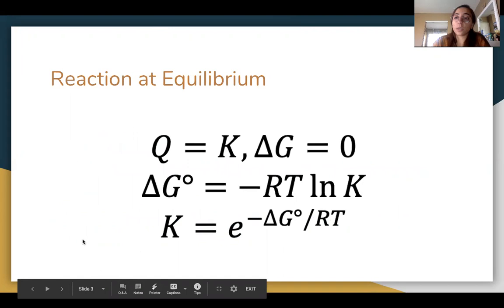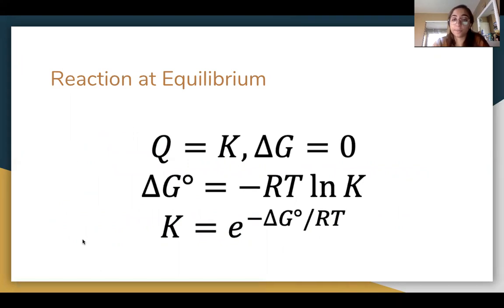So now let's look at the equations on how to figure out the value for delta G and K. So when it's at equilibrium, Q equals K, and we said delta G equals 0. So in order to find the delta G of the reaction, so standard, this 0 is standard, the equation is negative R times temperature, which is always in Kelvin, and the natural log of the equilibrium constant.